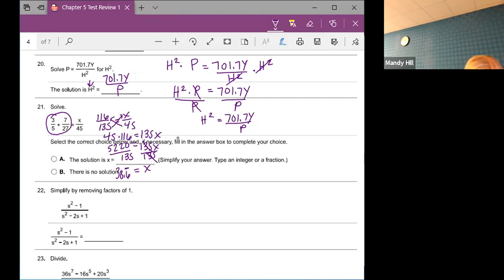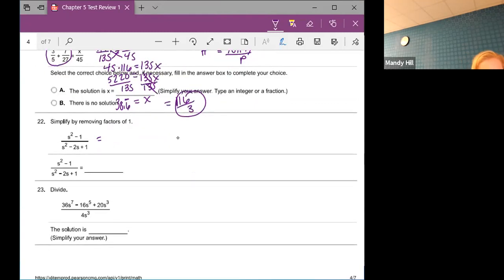So they're wanting you to leave your answer as 116 over 3. That's important on the test. So make sure you're writing down what your answer should look like, so that you don't type this in and get it wrong. It's wanting 116 over 3. I want you to type it in as a fraction and leave it. Okay, 22.